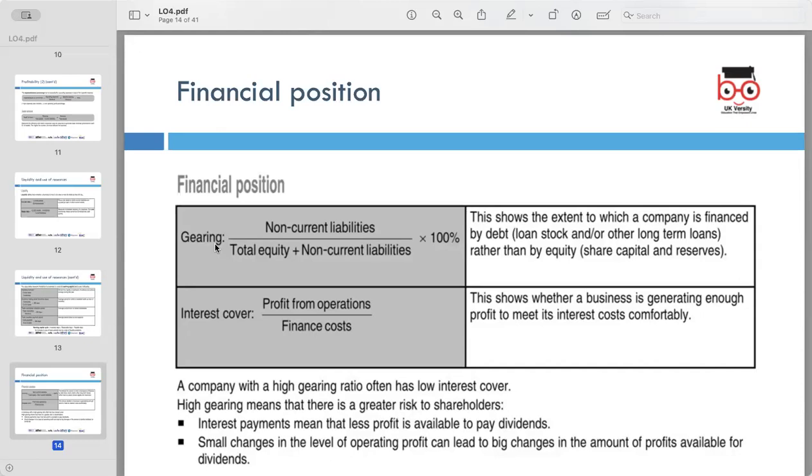So gearing ratios indicate the level of financial risk associated with the company's capital structure, with higher gearing suggesting greater reliance on debt financing. Then interest cover.